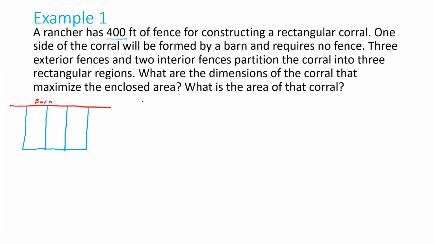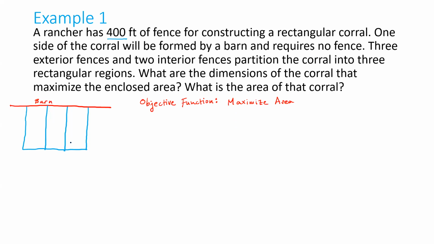Okay, so let's put those 2 pieces together. My objective function will be area, right? Because we're trying to maximize the area. So that means we're going to need to come up with an area function.